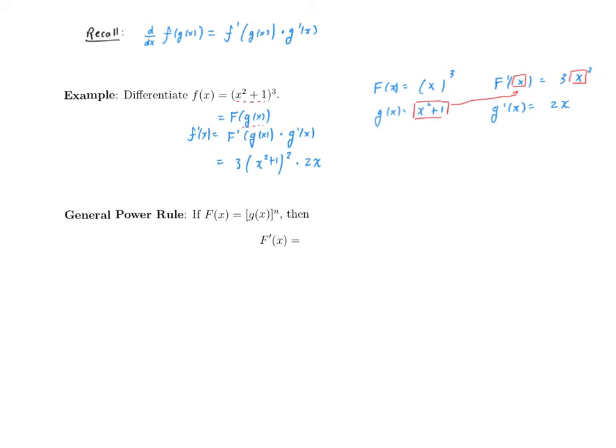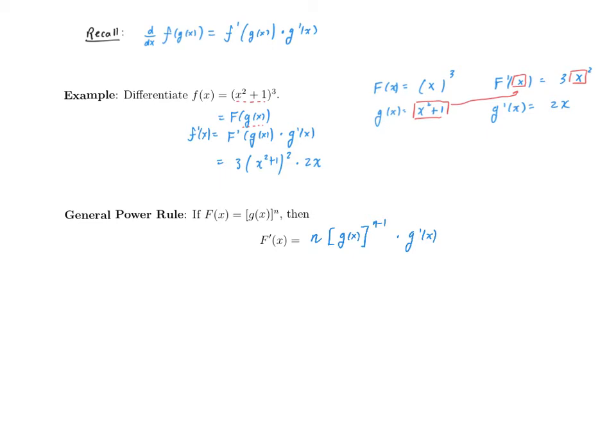But a version of the chain rule, something we might call the general power rule, is as follows. It tells us if we want to differentiate a function raised to a power, and we apply the chain rule, we differentiate that outside function so the n comes down front and the new power is 1 less. We evaluate it at the inside function, g of x, and we multiply it by the derivative of the inside function.